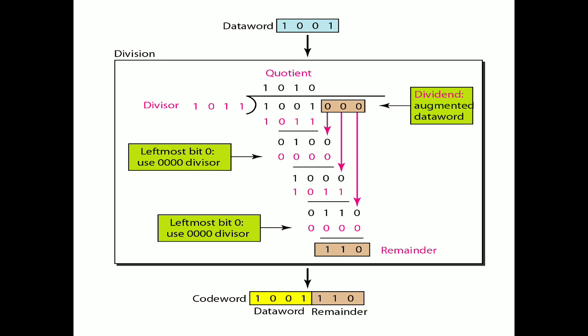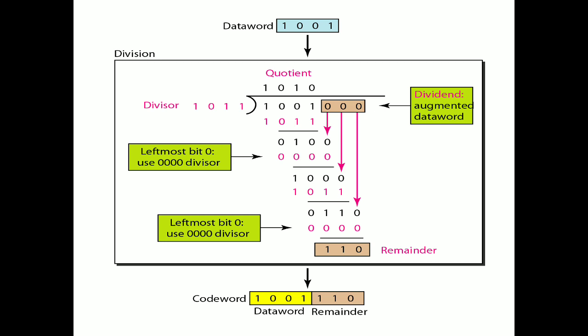We have to divide in such a way that the leftmost bit determines the row below. Suppose we have divided the first row, so the leftmost bit is 1, so we will add 1011 to this. And in the second row we have 0100 as a remainder, so in this case we will use the 0000 divisor because the leftmost bit is 0.